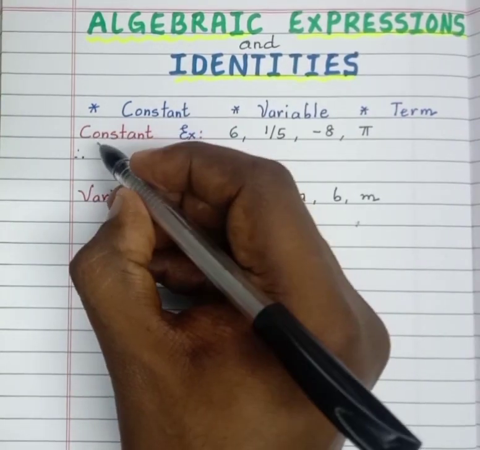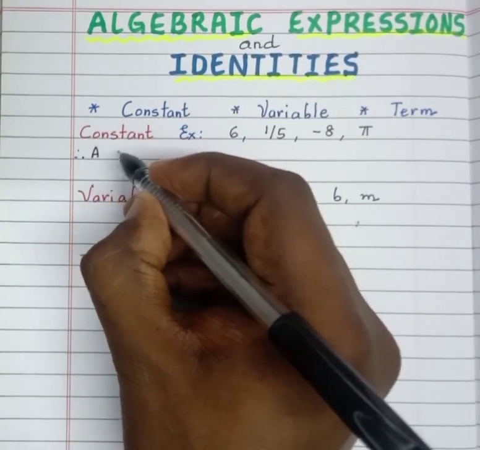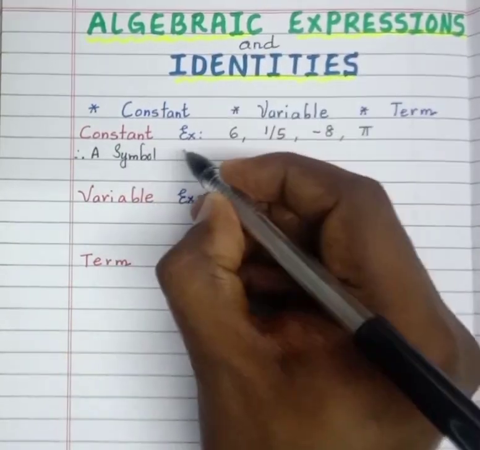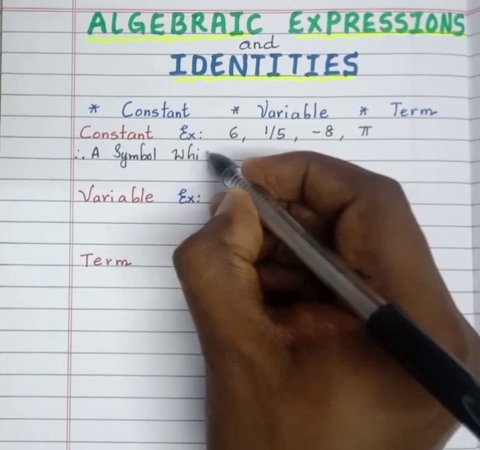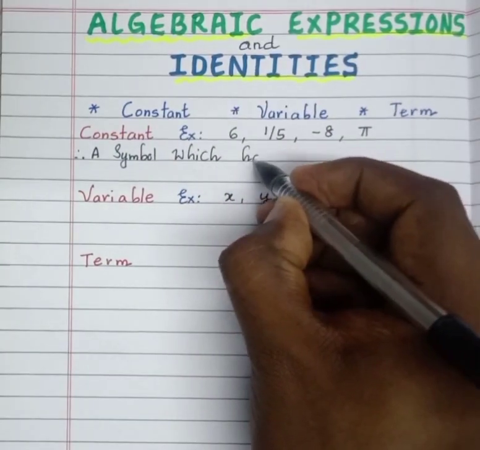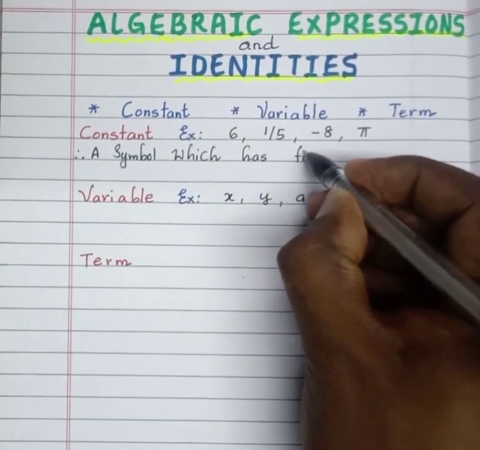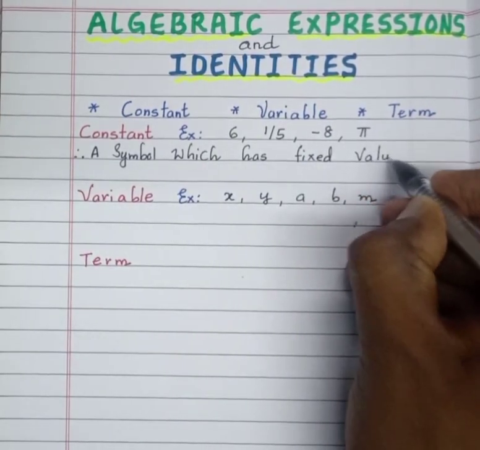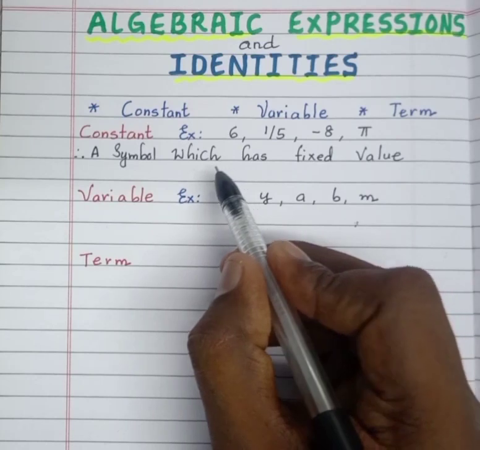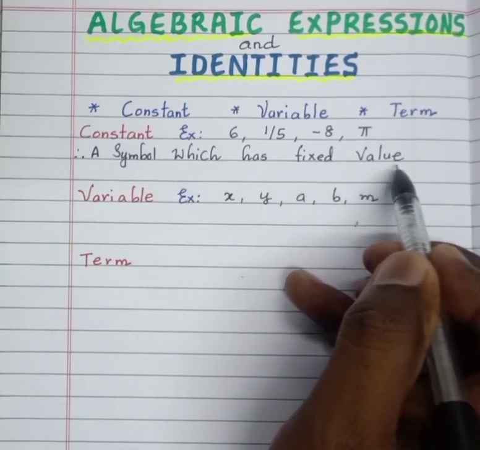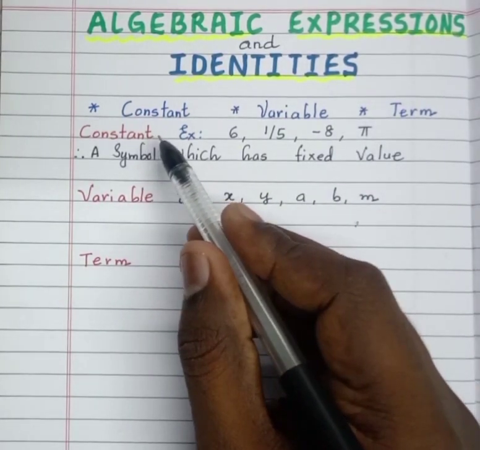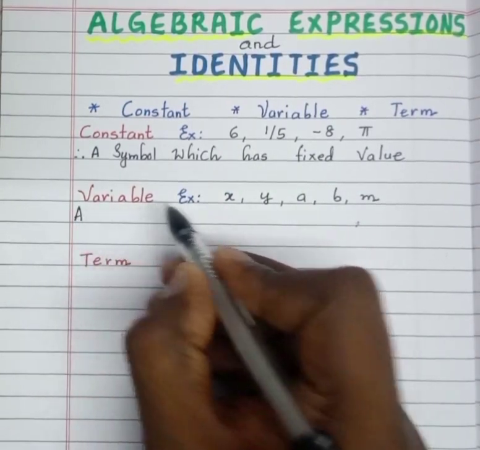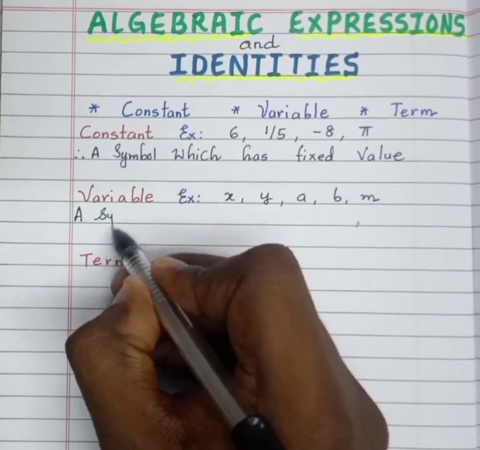Now I can say that any symbol which has a fixed value, which cannot be changed, we call that a constant. What is constant? A symbol which has a fixed value. Example, all the real numbers, all the numbers, are examples for constant.